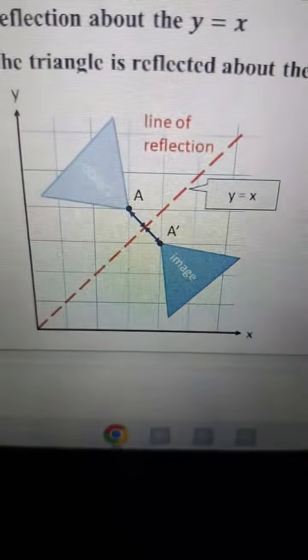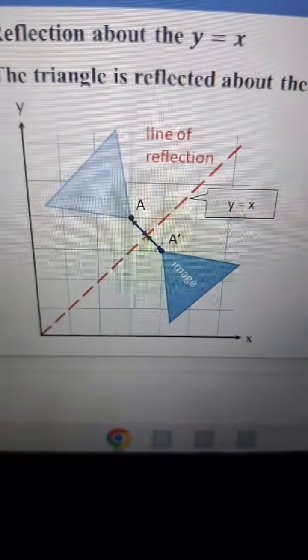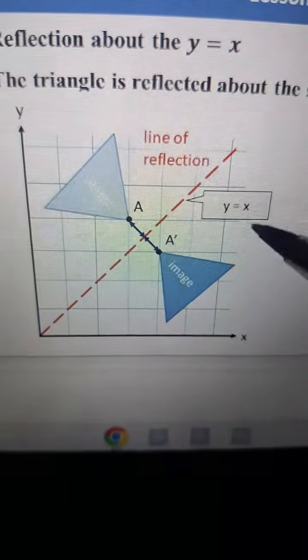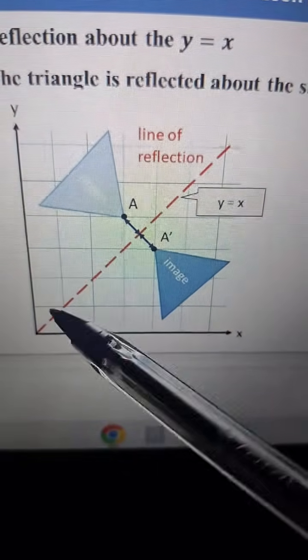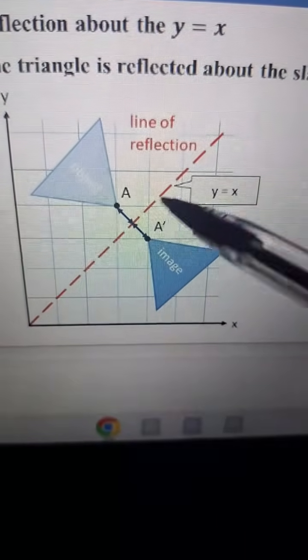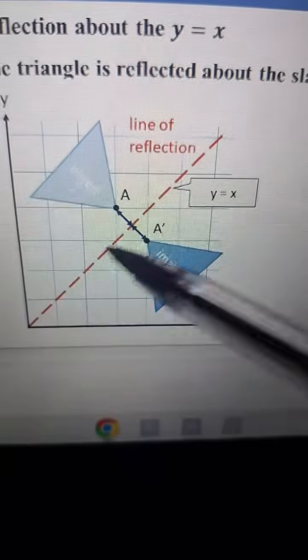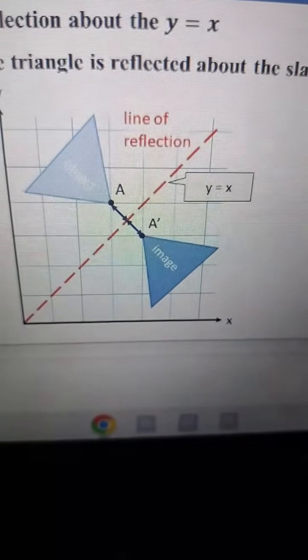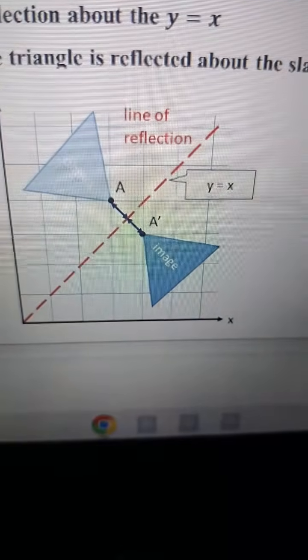Then look at this one. This here is a reflection along the line y is equal to x. And remember, what did we say about the x and y coordinates when we're reflecting along this line?